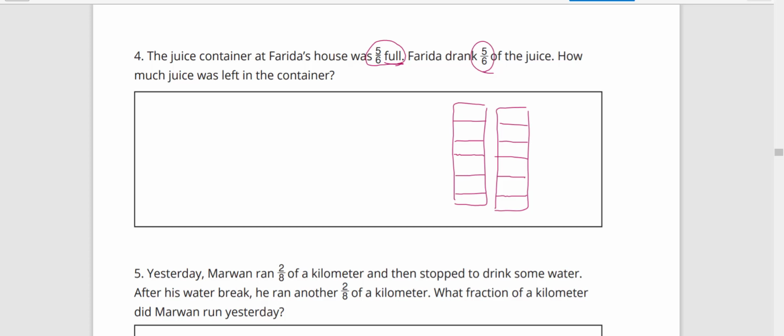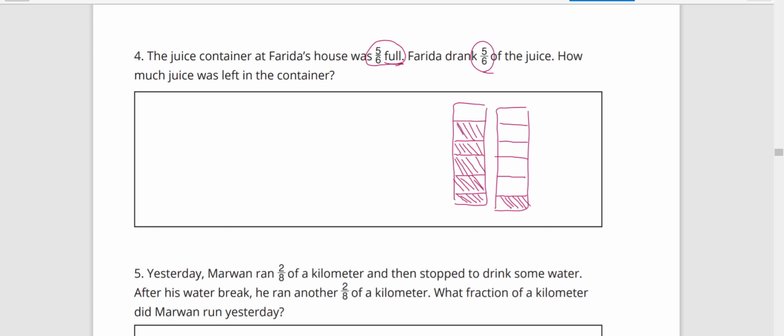Farida's house was 5 sixths full, so shade 5 parts, and Farida drank 5 sixths of the juice.